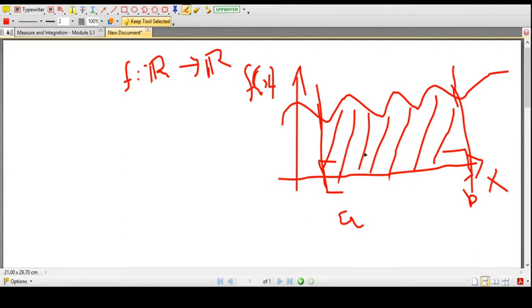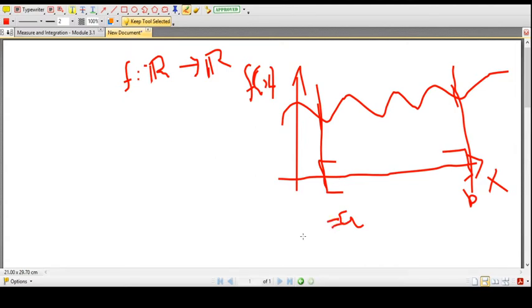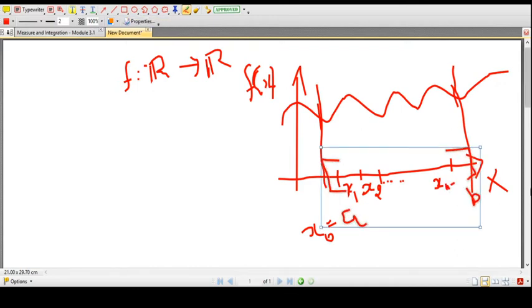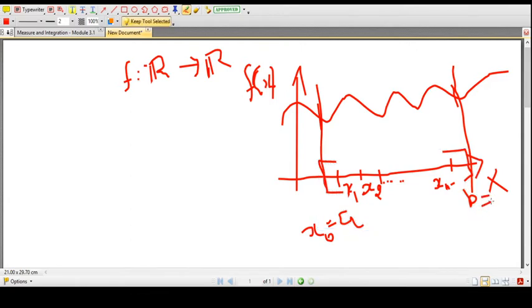That is, we partition [a, b] into finitely many intervals, a equal to x0, x1, x2, up to x n minus 1, and b is equal to xn.